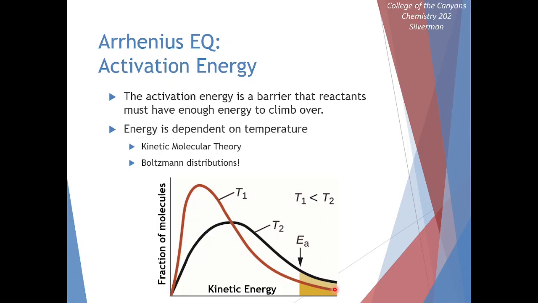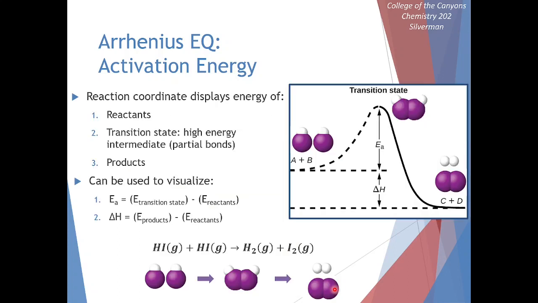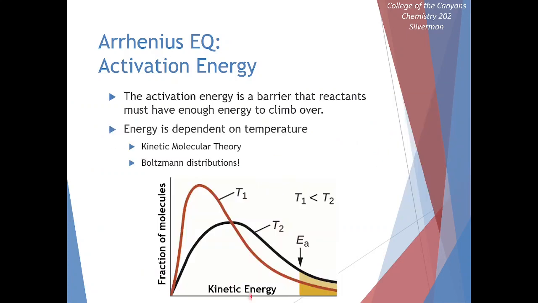Right? On our reaction coordinate, scrolling back here, this activation energy will correspond to some place on the x-axis of our Boltzmann distribution, right? Some amount of energy that we need to do this reaction.